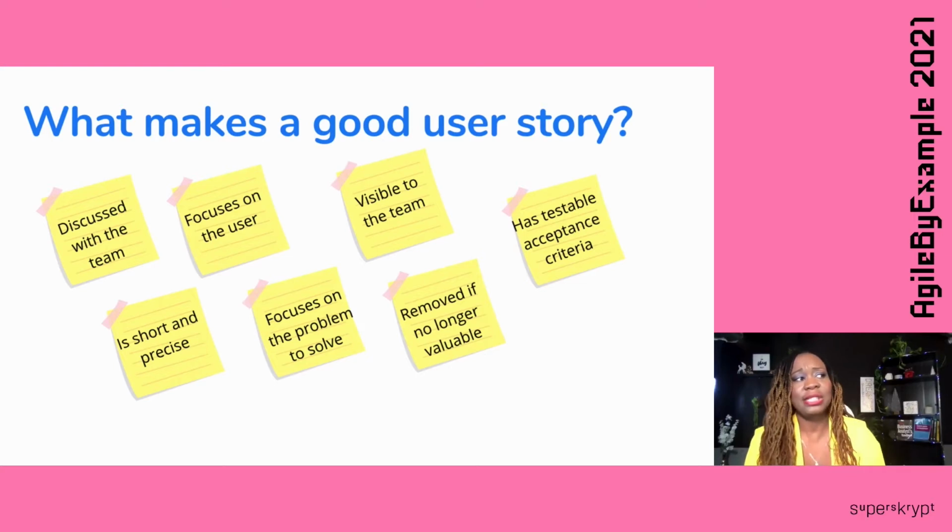So the user story has to focus on the user, right? Well, it says user story, so obviously the user has to be front and center. You have to focus on the user, not the manager, not the system. The one thing you're focusing on with the user story is the user. It must be visible to the team. What does that mean? That means you're not writing it and putting it in a folder on some drive somewhere that nobody else can see.